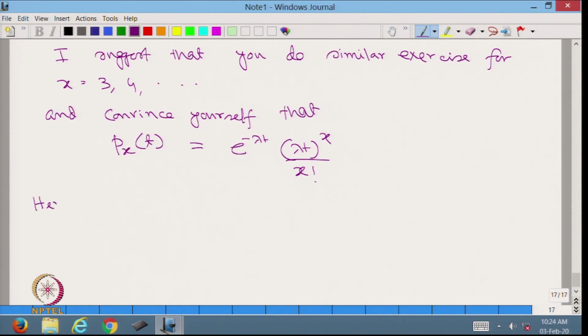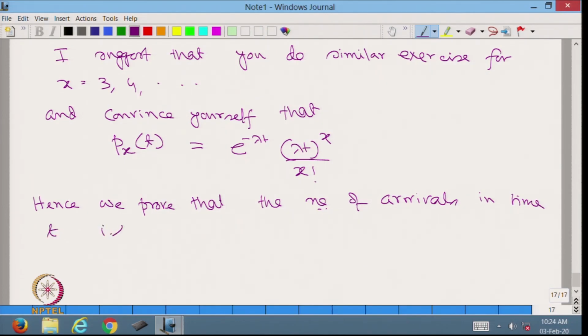Hence, we prove that the number of arrivals in time t, that is X(t), the random variable, is distributed as Poisson with lambda t.